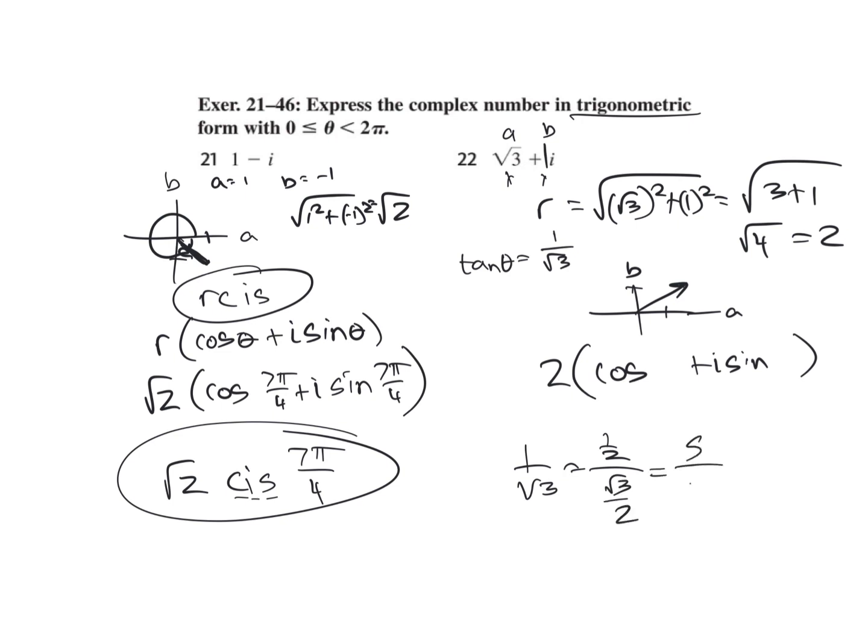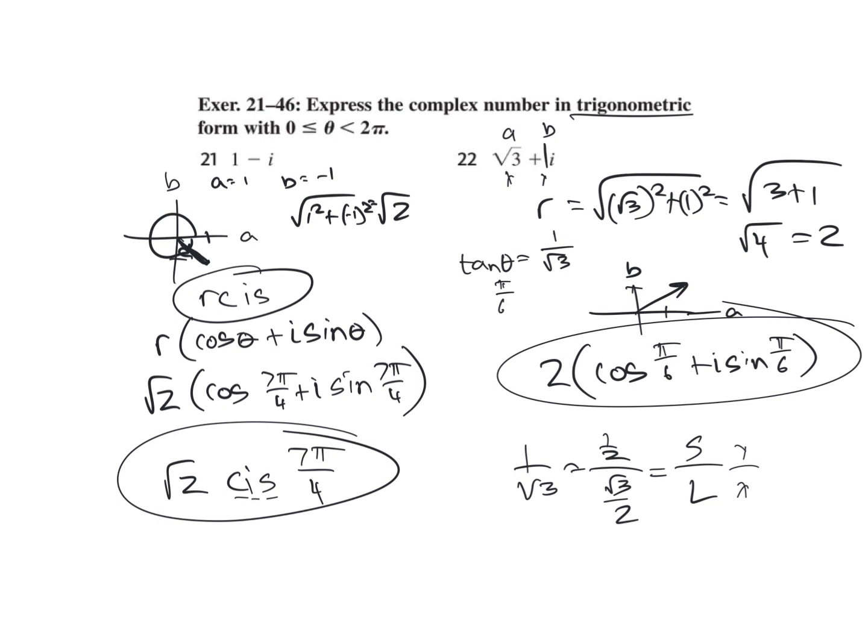So that's the short leg over the long leg. Okay, so y is the short leg and x is the long leg. So that's a 30-degree reference. So what's theta? Theta's 30 degrees, or we say pi over 6. So this would be pi over 6 here and pi over 6 there. Okay, so 2 cis pi over 6.